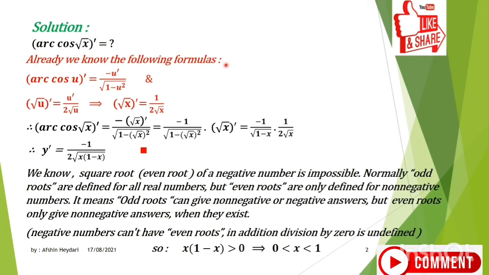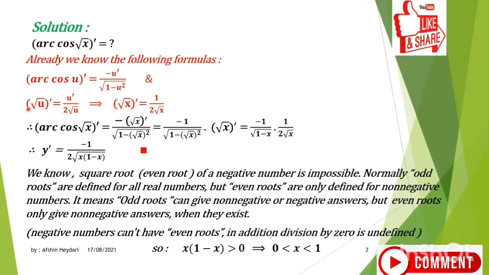Already we know the following formulas. The derivative of arccosine u equals minus, don't forget to put this sign, minus u prime over radical 1 minus u squared.